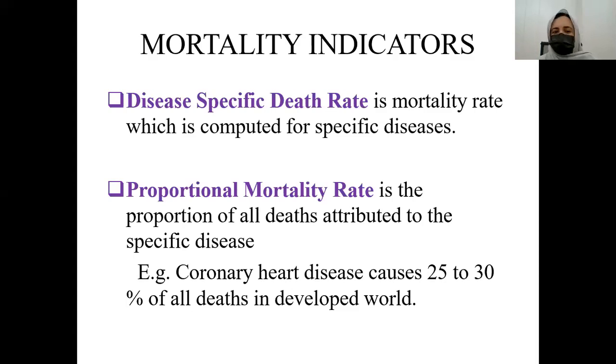अदर इज प्रोपोर्शनल मोर्टेलिटी रेट. इसमें फर्क क्या है कि जैसे हम कहते हैं कि किसी कंट्री में जो टोटल डेथ्स हुई एक साल के अंदर, उसमें से कॉरोनरी हार्ट डिजीज की वजह से कितनी डेथ्स हुई, ठीक है, हाउ मच प्रोपोर्शन ऑफ द टोटल डेथ पूल इज एट्रीब्यूटेड टू कॉरोनरी हार्ट डिजीज, दिस इज नोन एज प्रोपोर्शनल. इन दोनों में स्लाइट फर्क है. डिजीज स्पेसिफिक डेथ रेट में ये आ जाता है कि भाई उस पर्टिकुलर डिजीज से कितनी डेथ्स हुई हैं, और प्रोपोर्शनल मोर्टेलिटी रेट में ये आता है कि जो सारी डेथ्स हैं उसके अंदर से एक खास डिजीज की वजह से कितना बर्डन है, ठीक है.